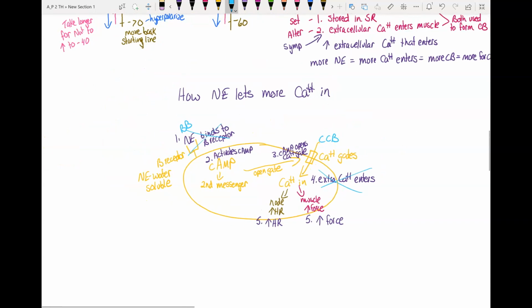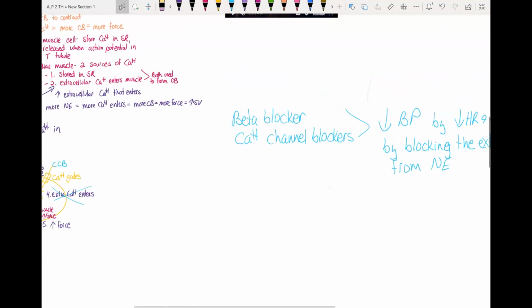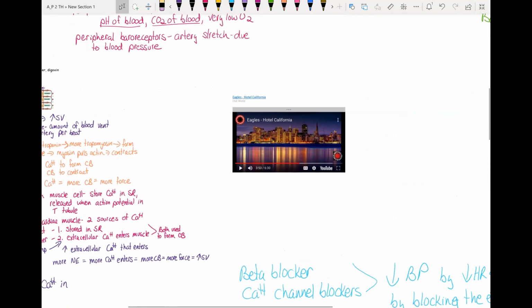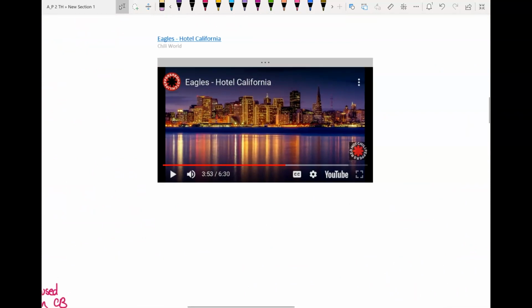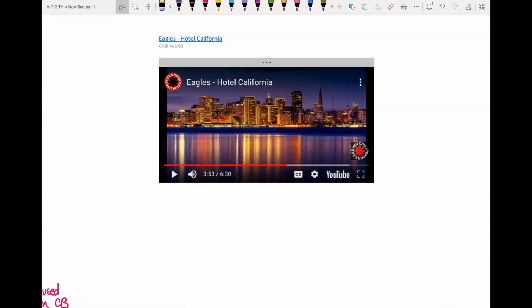Okay, then digoxin is our other drug. Up here I have this. If you know old rock and roll, the Eagles and Hotel California, this song reminds me of digoxin.